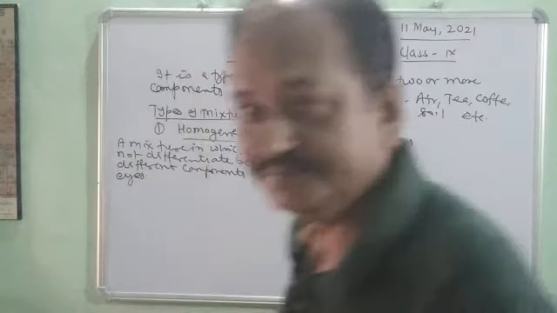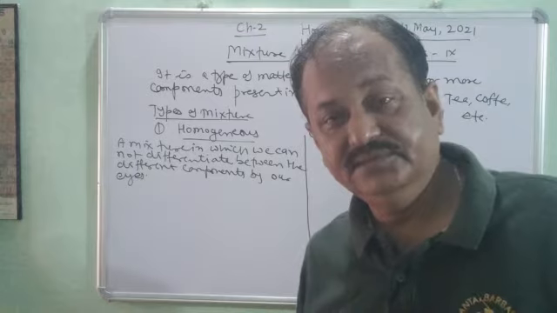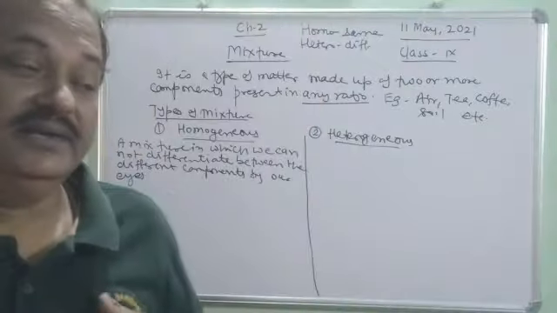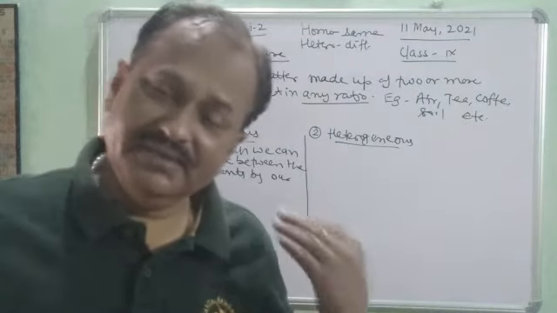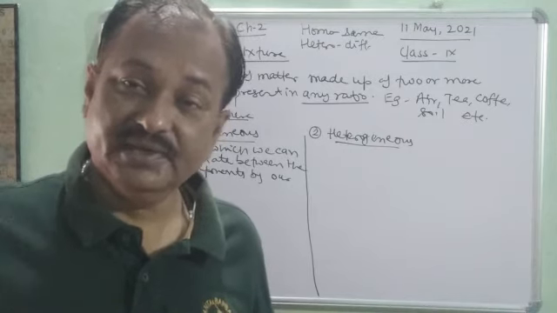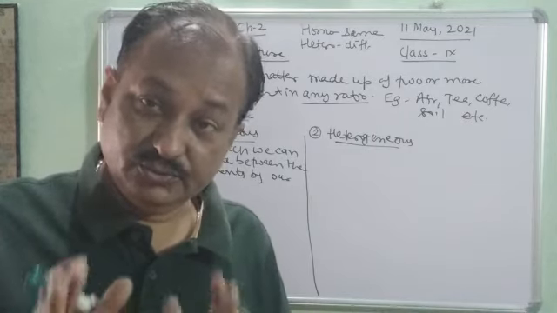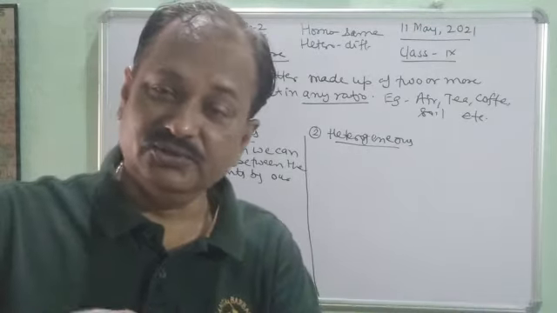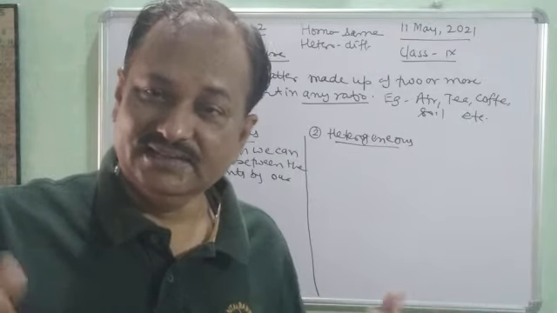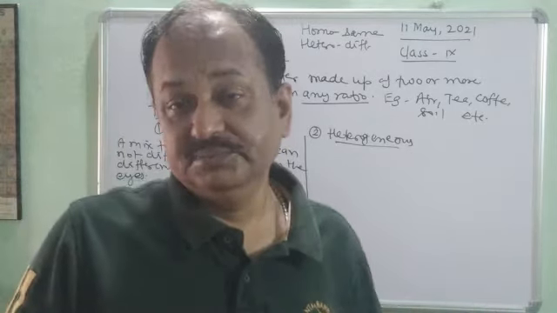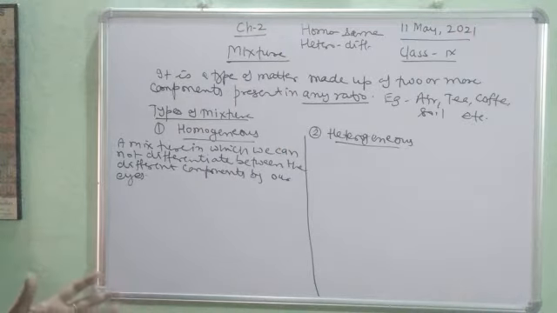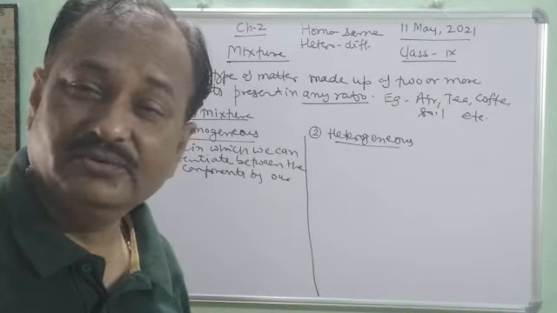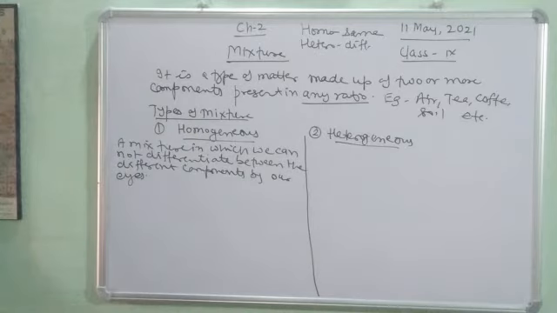For example, air. Air is made up of different components. Air is made up of oxygen, it has dust particles, it has several gases, water vapors. And so, can we say by naked eyes? No. We cannot say this is a CO2 molecule, this is a water molecule, this is a sand particle. So this is about the homogeneous mixture. We are unable to differentiate between the different components by the naked eyes, so it is said to be a homogeneous mixture.